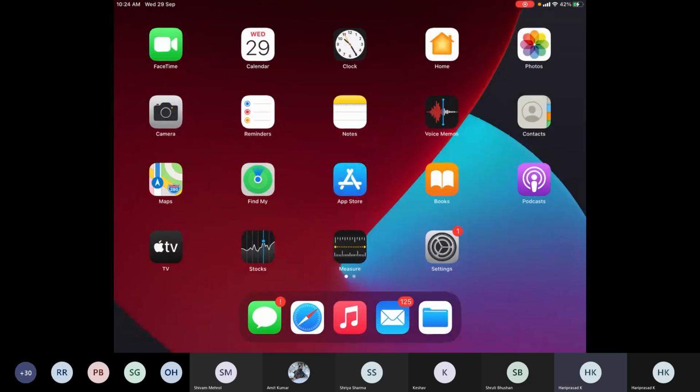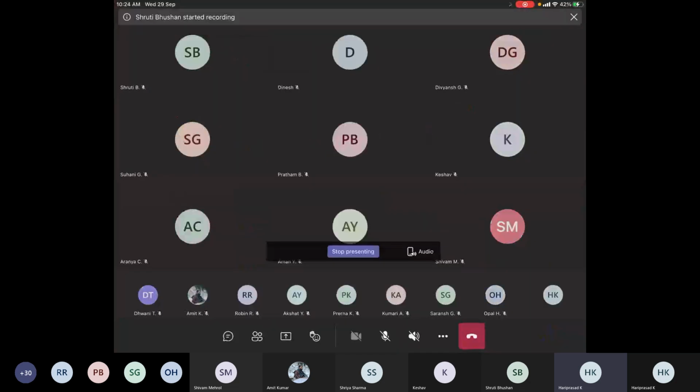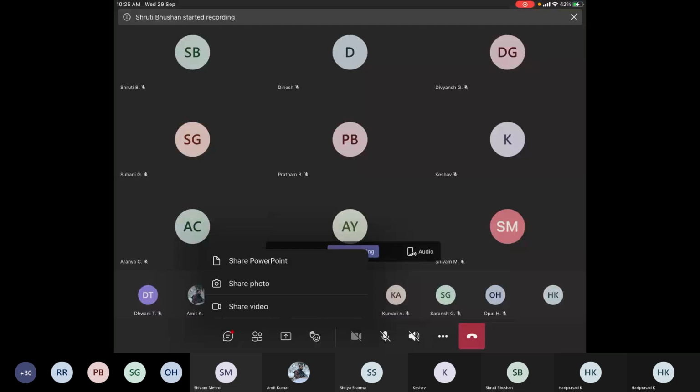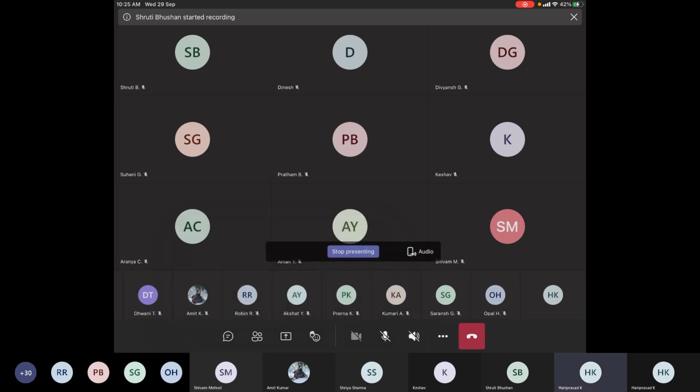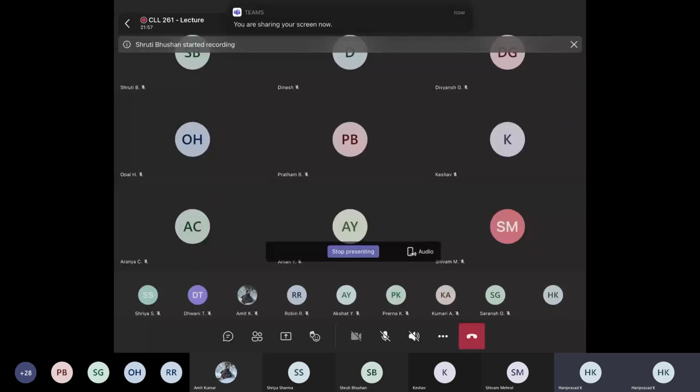Just give me a moment, I think my screen sharing has a problem. Let me reshare my screen. Okay, you can see my screen, right?